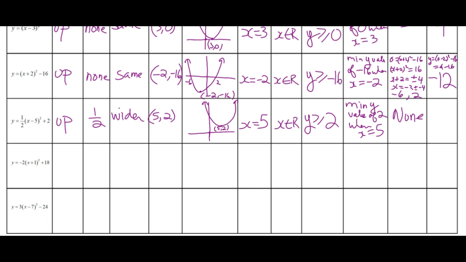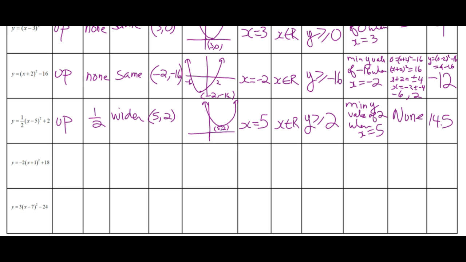And the y-intercept? What do we got? 14.5. Good with that? 0 minus 5 is negative 5, squared is 25, half of that is 12.5, plus 2 is 14.5. Okay, good.